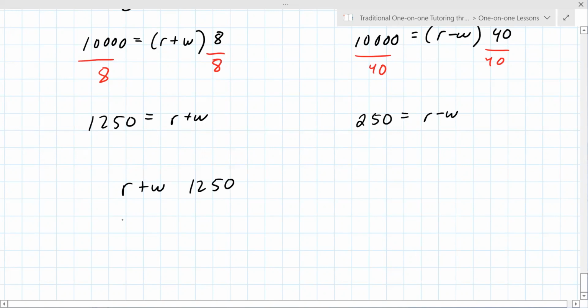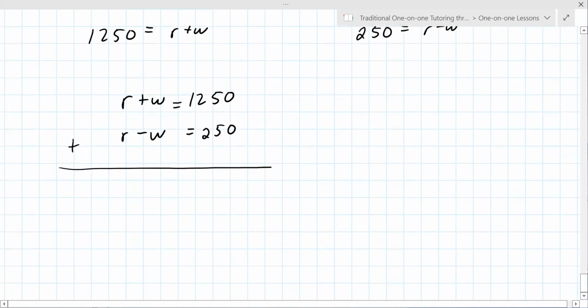So let me rewrite the two equations. R plus W equals 1250. R minus W equals 250. How do you want to solve these? Elimination. Yes. You can just add them up. So I want you to add them up.